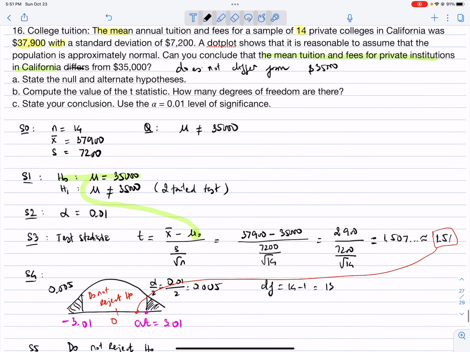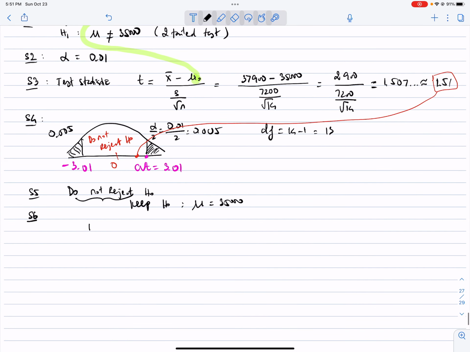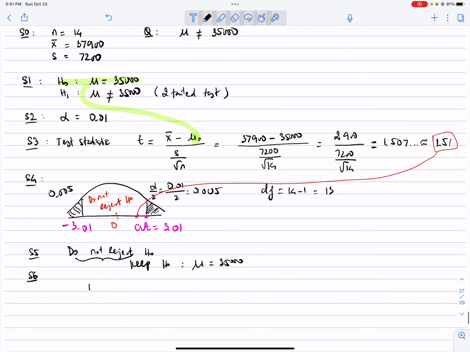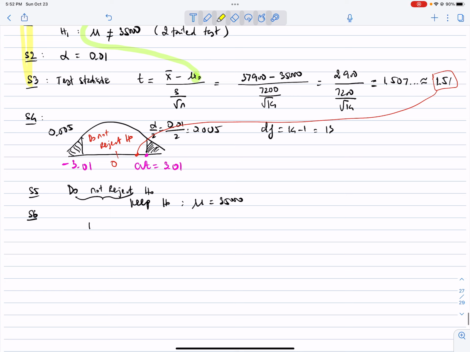For the p-value method, we just did the critical value method. So the p-value method starts from step 0 until step number 3. Then to find the p-value, you do the two-tail also.